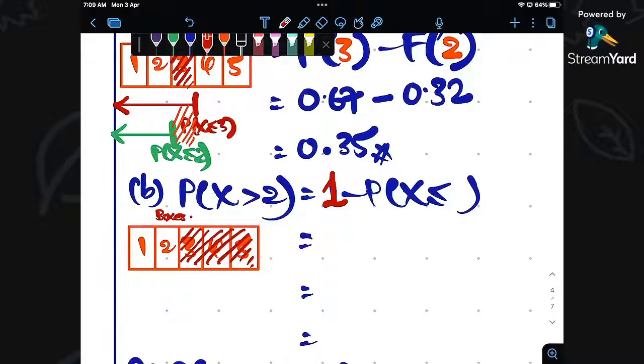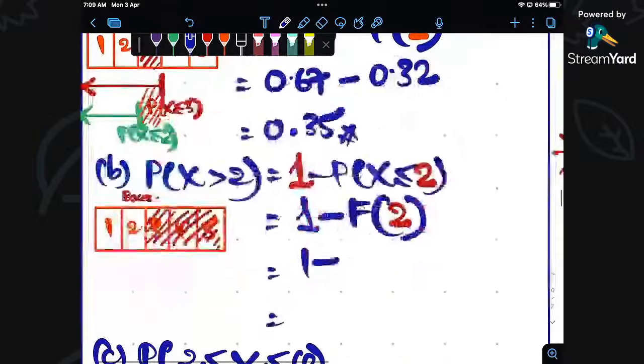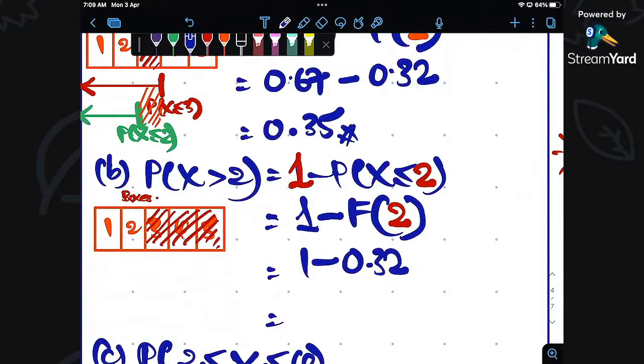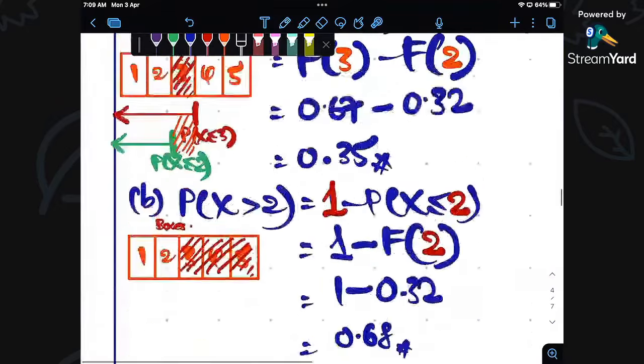So it's easier like that. So the formula is just 1 minus F(2). Ta-da! Just like that. And so 1 minus F(2), which is 0.32, is going to give you 0.68. Done here.